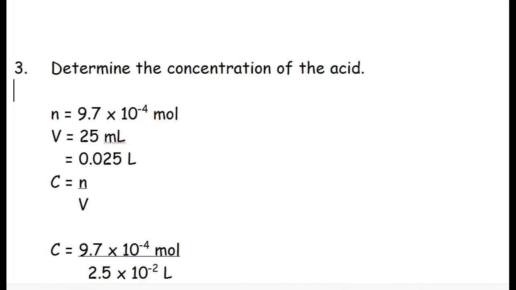So calculating that out, I am getting a concentration of 0.039 moles per liter. Remember that I need to do my unit analysis. I have 2 significant digits because both of the measurements used in the calculation had 2 significant digits.